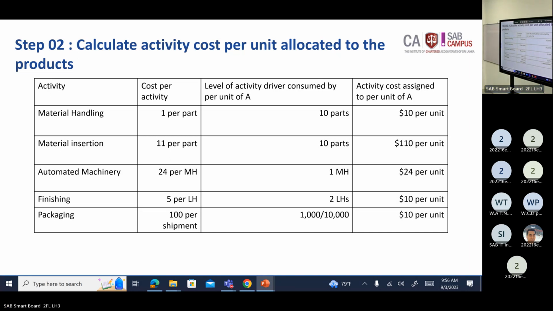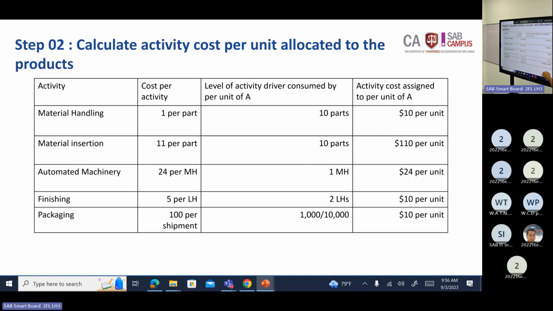Right. The product A වලට අපිට කියනවා material handling 10 parts. Insert material 10 parts. Auto machine hours 1.